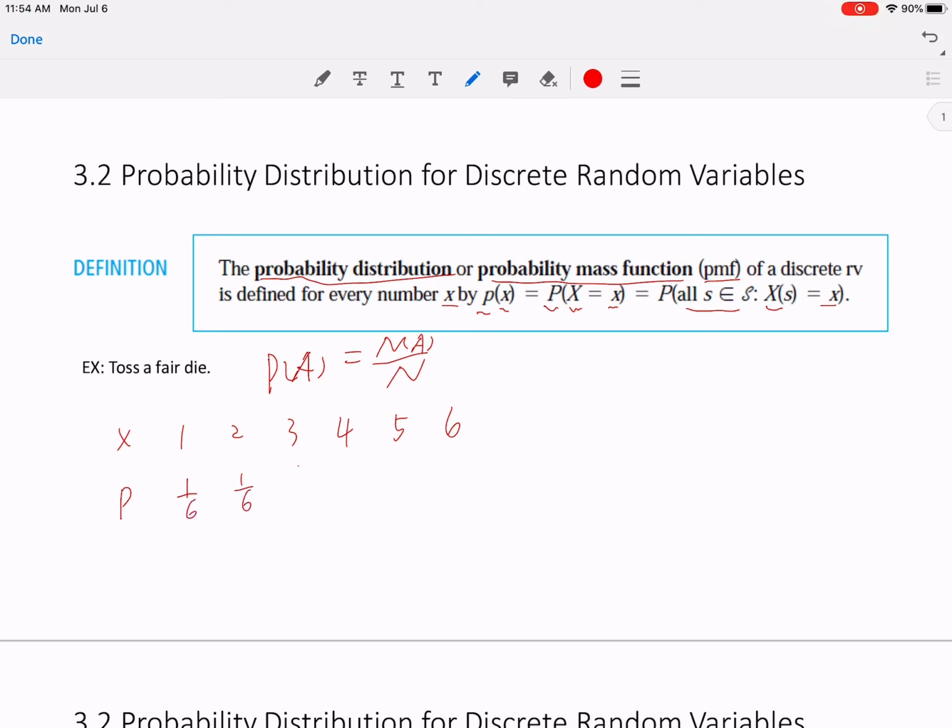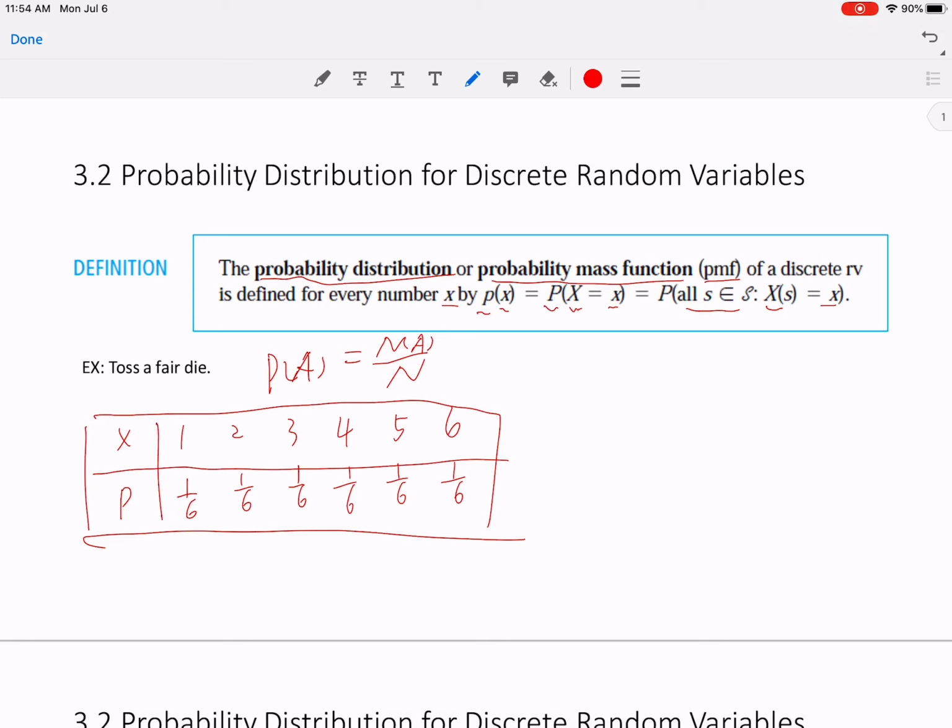And the probability of 3 is 1 over 6, the probability of 4 is 1 over 6, the probability of 5 is 1 over 6, and this is 1 over 6. And we call this table the probability distribution.